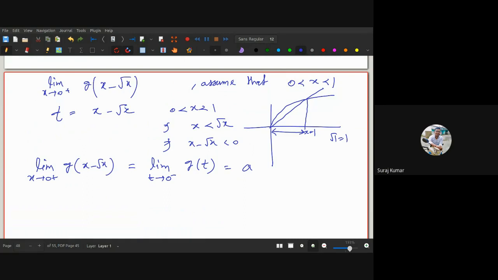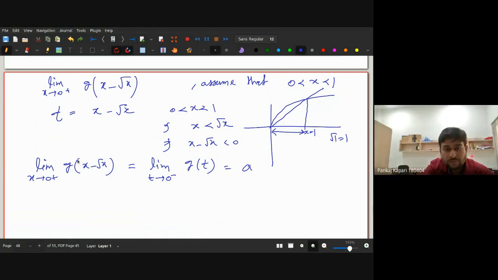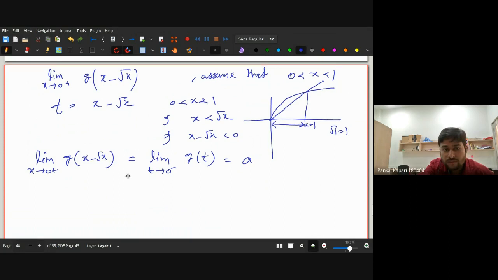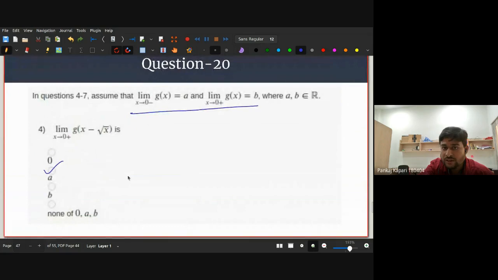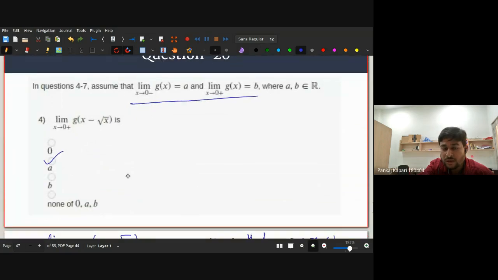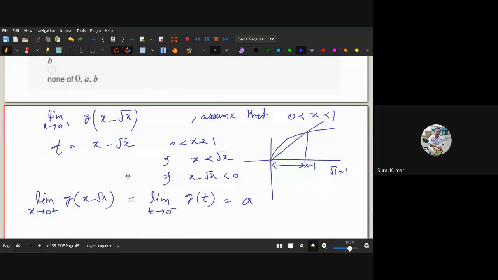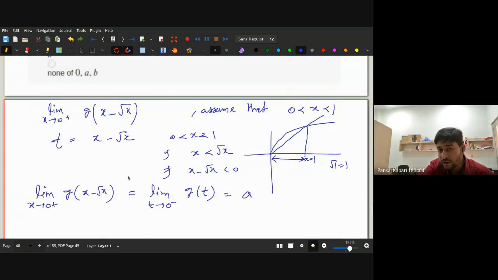Not understand, sir. What are you saying? Graph, sir, graph. Yes, graph. What about the graph?